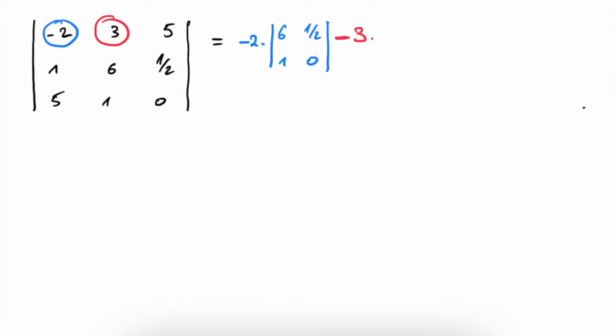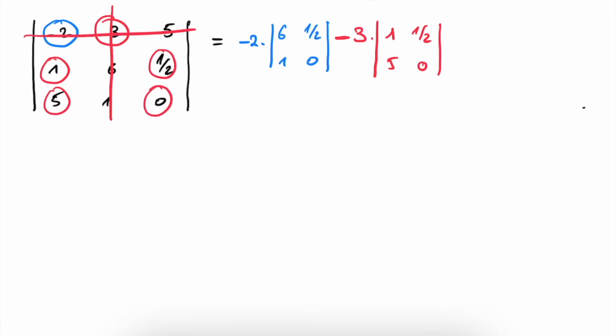So this becomes minus 3, and this minus sign is very important. Minus 3 times the determinant of 1, 1/2, 5, 0. And again, 1, 1/2, 5, 0 comes from ignoring the column and row of which this 3 is a part of.